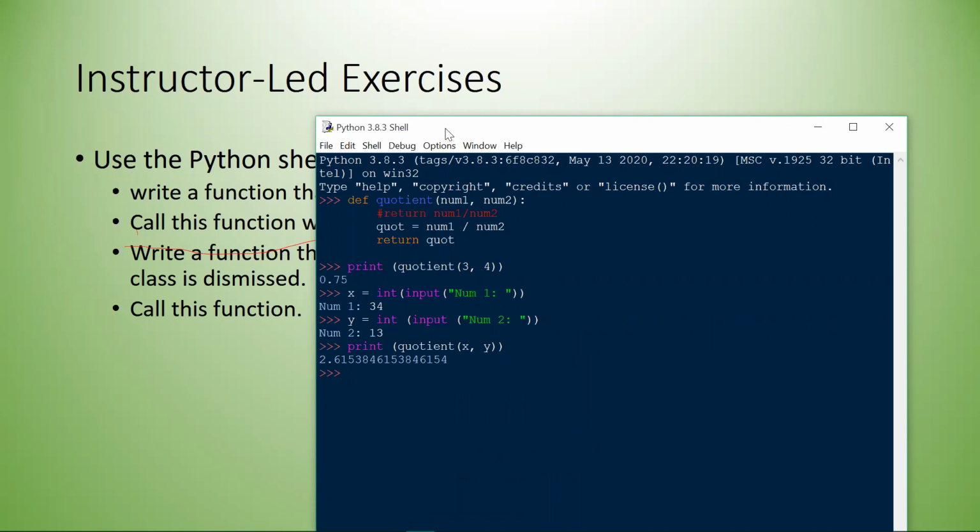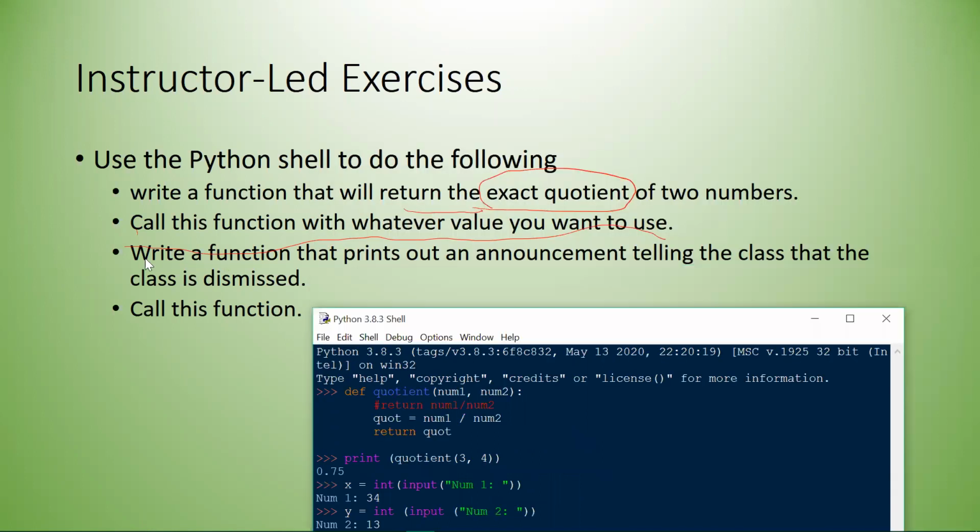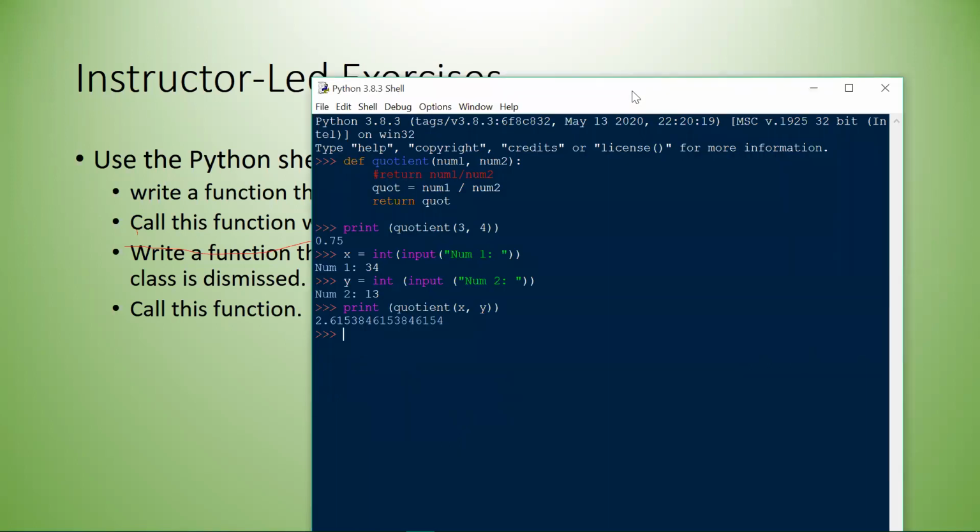First, we need to do the def, define. And the function name, I will call it dismiss class or whatever you want to call it. And this doesn't accept anything because you are simply printing out that fixed string, which is class is dismissed.